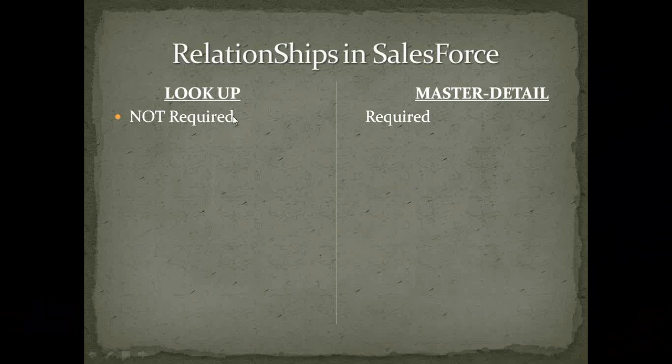For example, on my student object, I am going to establish a relationship with faculty. So on the student object, you will have a lookup field or master-detail field. If it is a lookup field, it is optional. You can keep it blank or you can select a faculty for that student.